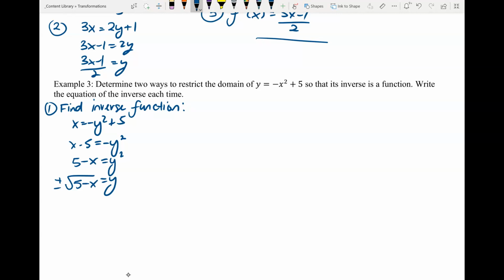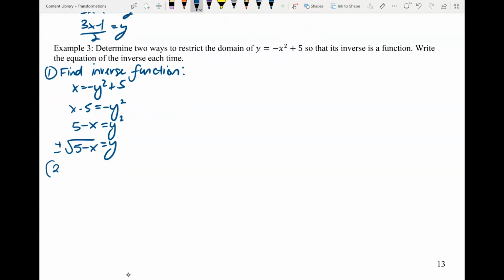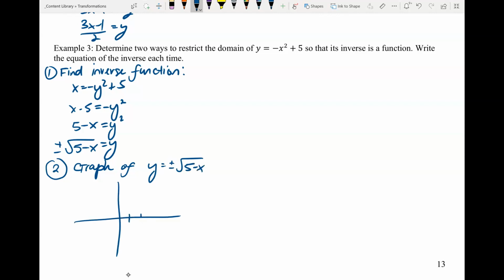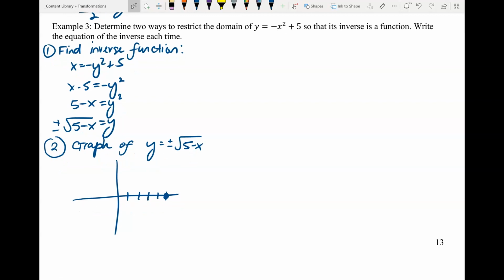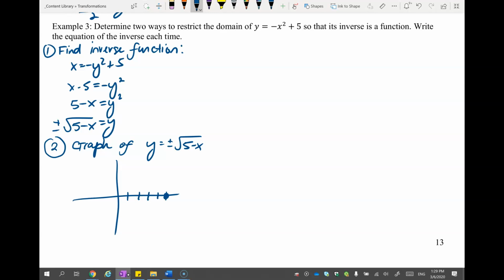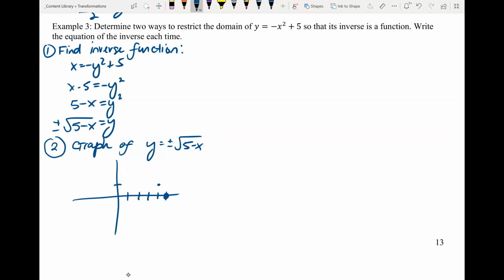So this is what we have. And I'm just going to graph it so we can visually see what this inverse function is. So we have a point, which is like our vertex, at (5, 0). And then if we look for our next point and do a table of values, we're going to have a point at (4, 1) and (4, -1).